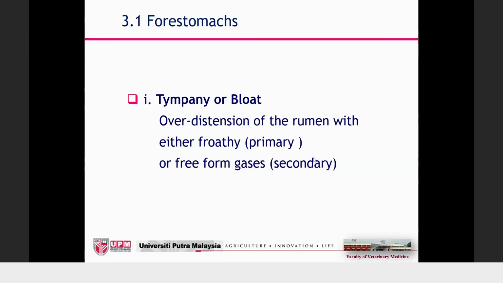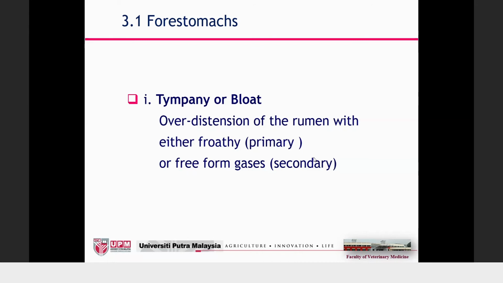So that will be a challenge for you, to make sure that the over-distension of the rumen is actually a condition or a lesion, but not a postmortem change. I will discuss later how to differentiate between tympany or bloat and postmortem change.